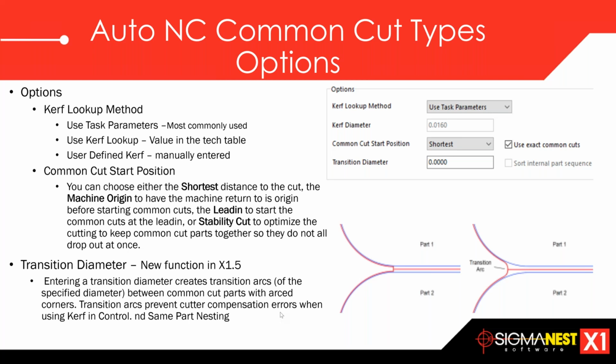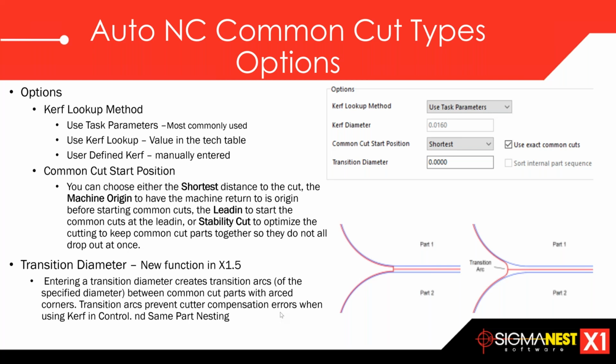As you're setting the common cutting setting, you're just looking at the setting in the dialog box and setting it right there. Most people will also use the kerf lookup within the kerf setting. All that does is go into the tech table and pull in the kerf setting for that machine, material type, and thickness.